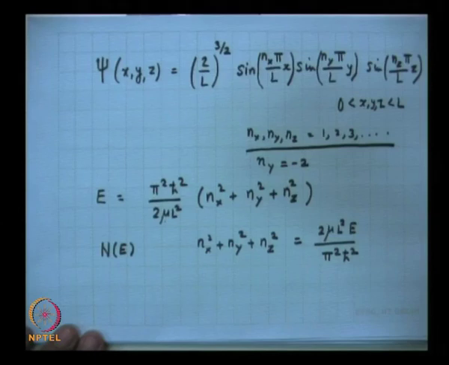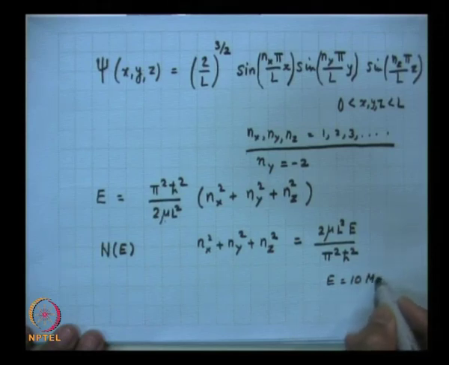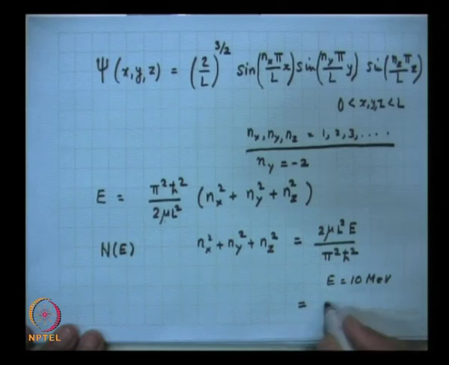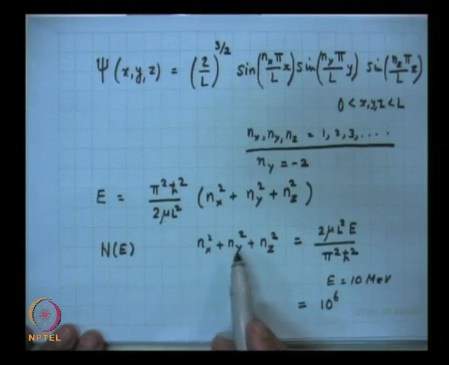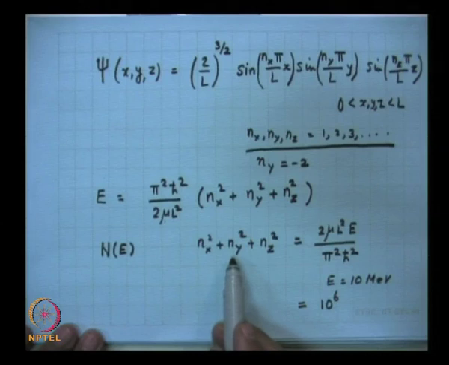And so, if I assume E is equal to 10 MeV, then the right hand side becomes a number. Let us suppose it is a number like say 10 to the power of 6, some number. Then I have to find the sets of integers such that the sum of their squares is less than 10 to the power of 6.